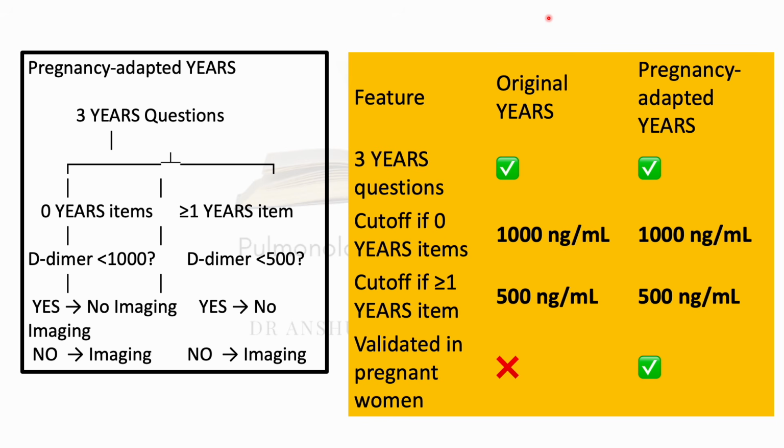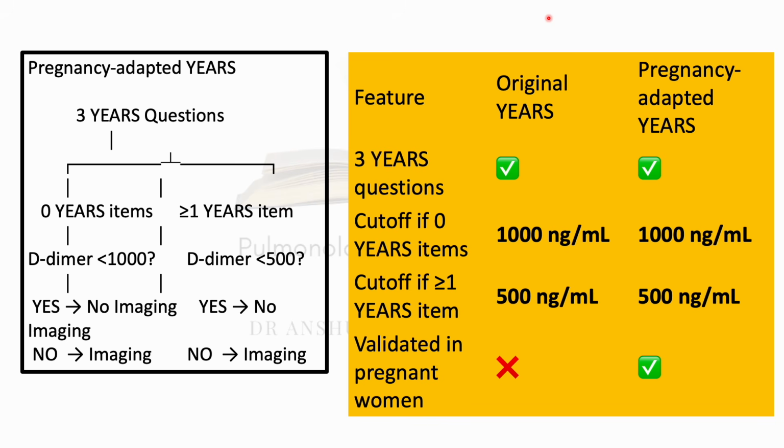So while the initial YEARS protocol which was released did not involve pregnant females in the study group, pregnancy-adapted YEARS algorithm was validated in the ARTEMIS study, which showed that you can use it to reduce the need of CTPA or VQ scanning in pregnant females while maintaining a very low rate of missing the venous thromboembolism. So the criteria is same, it's just that you can use it in pregnant females.